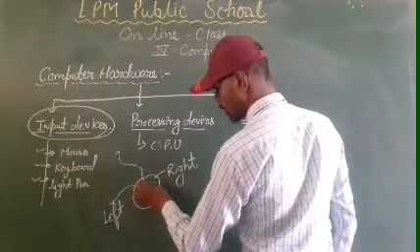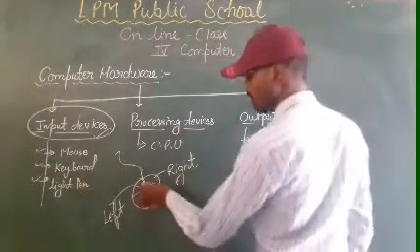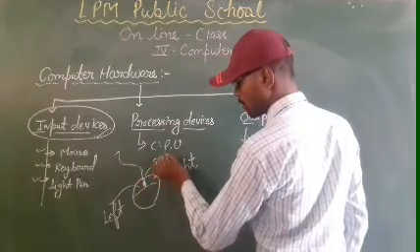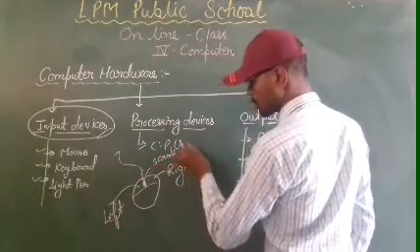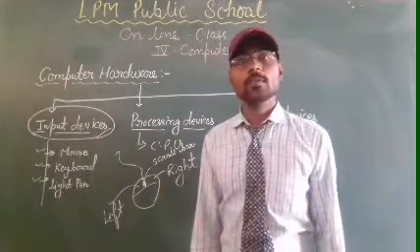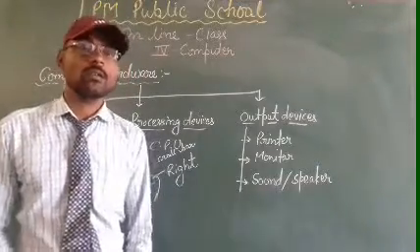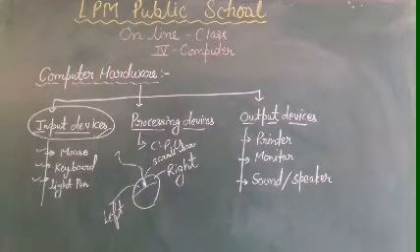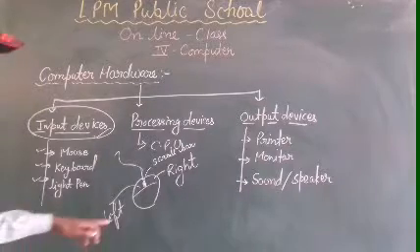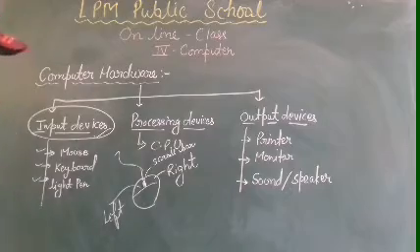And in the center of both buttons, you will find a scroll bar. So students, a mouse has two buttons, left and right button, and one scroll bar.